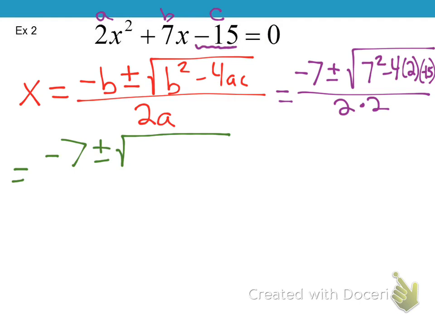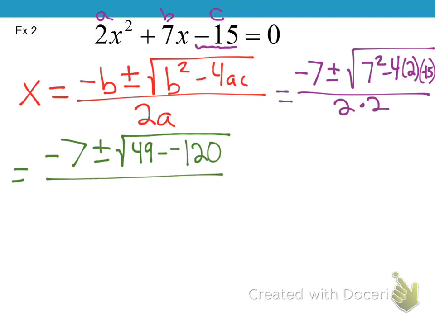All right. What is 7 squared? 49. What is 4 times 2 times 15? 120. And it's minus a negative 120, so it's going to be like a plus 120.